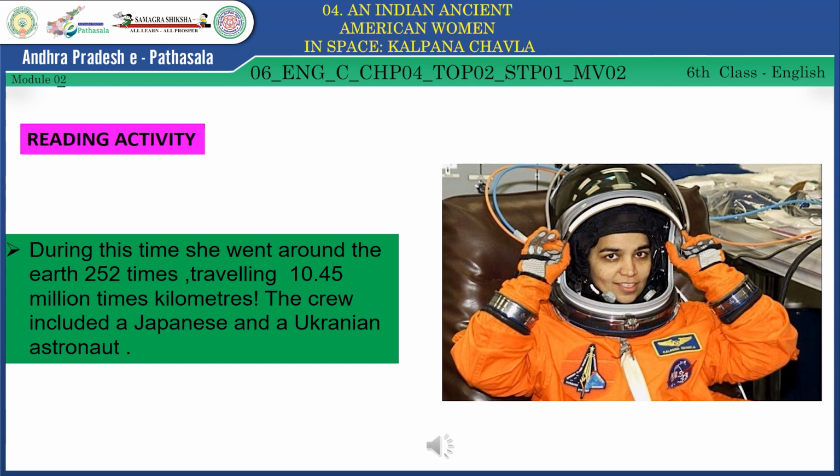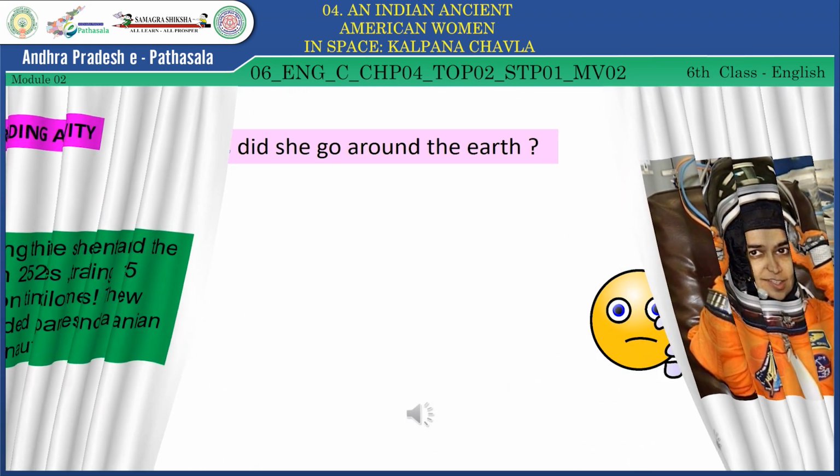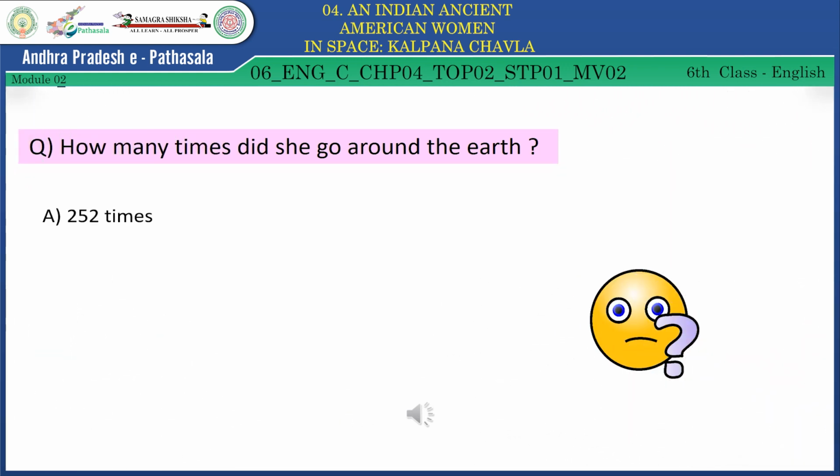Let's assess ourselves. How many times did she go around the earth? Option A, 252 times. Option B, 300 times. Option C, 350 times.